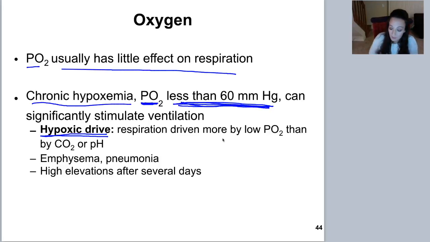And we see this if a person has emphysema, where they're literally just not able to take in enough oxygen in their lungs, or again, if they have pneumonia, if they have a little extra fluid in their lungs. Both of these can interfere with gas exchange, alveolar gas exchange in the lungs.